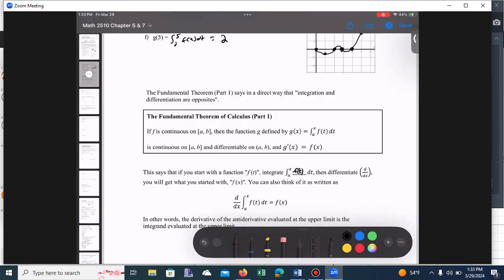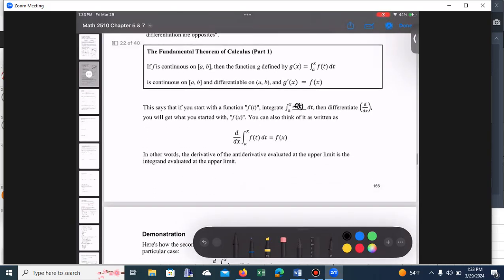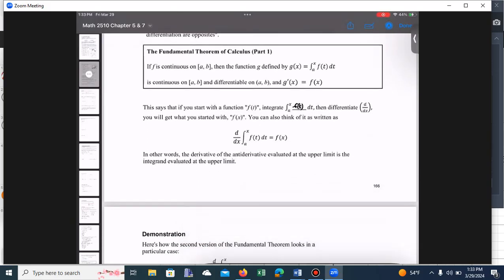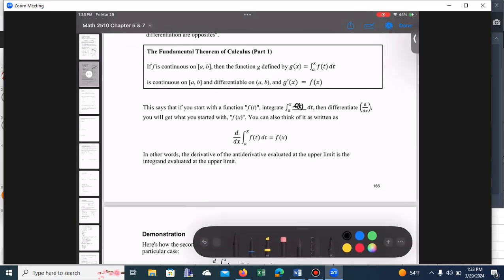Right? And so it'll look like this. The differentiation of your integral is equal to your f of t evaluated at x. Right? And so in other words, the derivative of the antiderivative evaluated at the upper limit is the integrand evaluated at the upper limit.